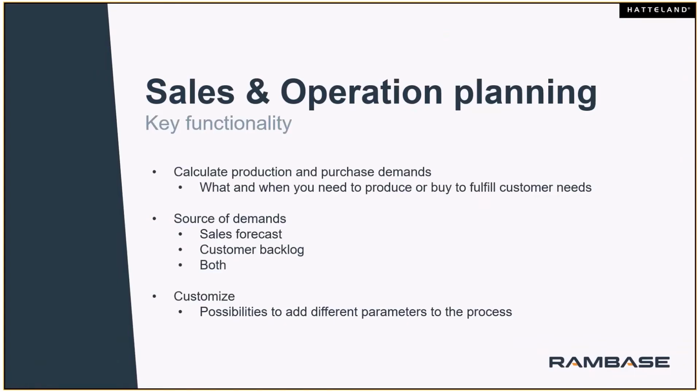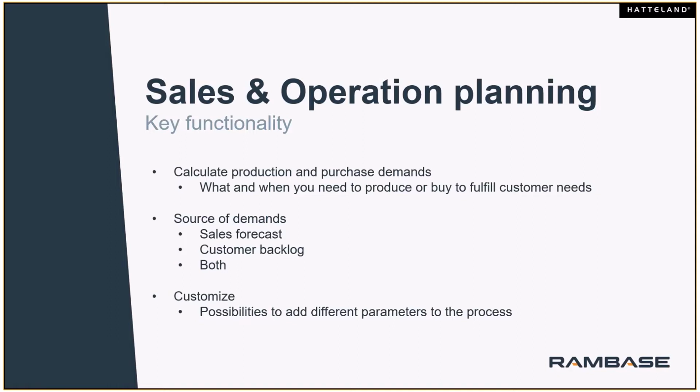Before we explain how the process works, some key functionality within this application is that you can calculate production and purchase demands. In addition, you can also manually adjust both production and purchase demands.